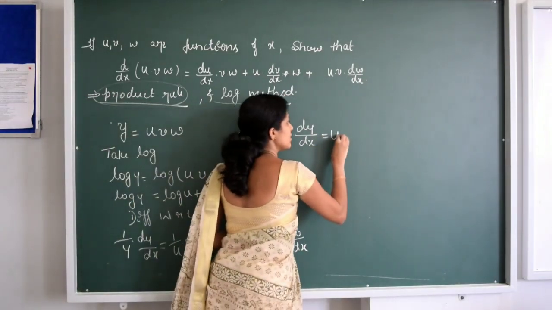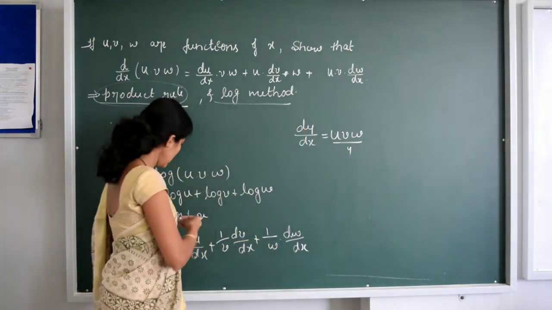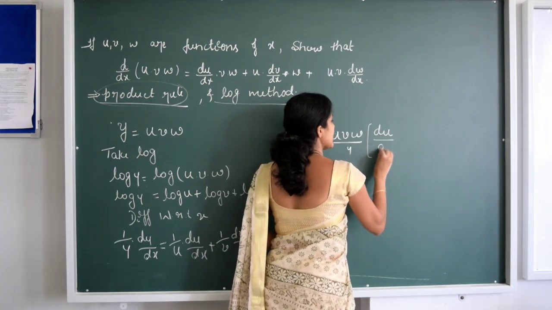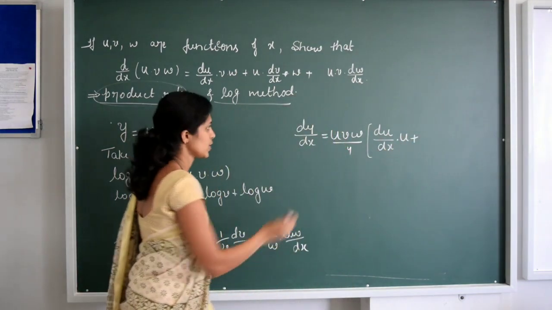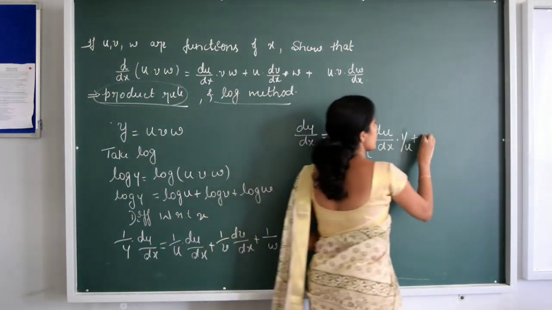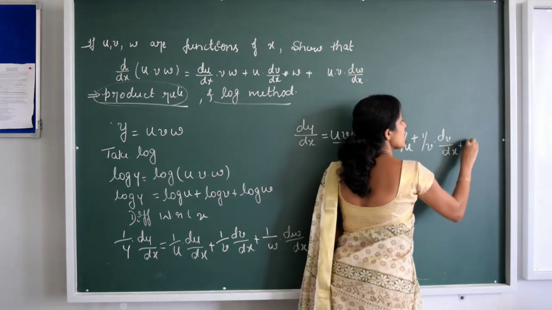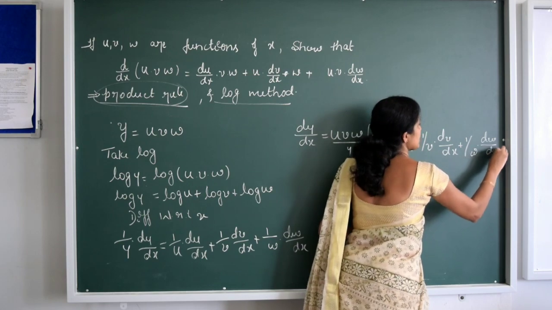Directly we can write here u v w, understood? This is the value of y. u v w, remaining terms as they are, that is, multiplied by 1 by u into du by dx plus 1 by v into dv by dx. The last term is 1 by w into dw by dx. Now multiply this out.